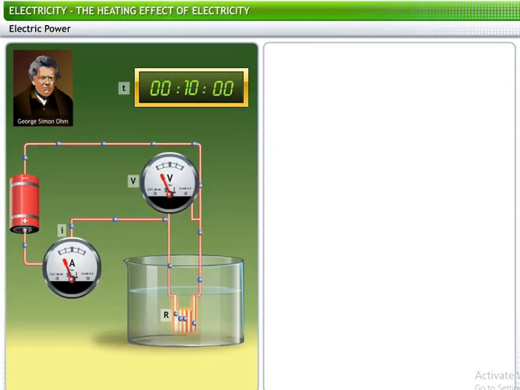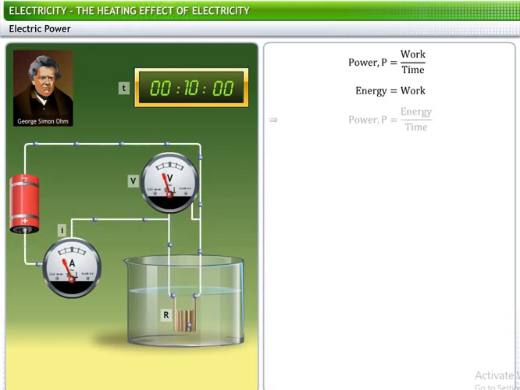You have learned in earlier classes that power is the rate of work done, as energy is the capacity to do work. Energy and work are equivalent. Hence, we also define power as the rate of consumption of energy.